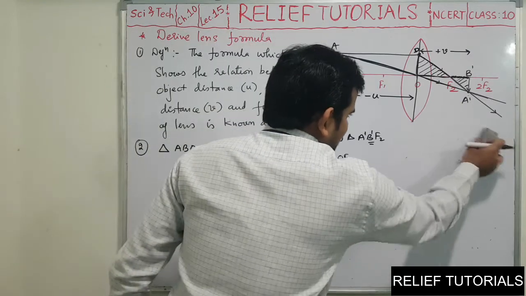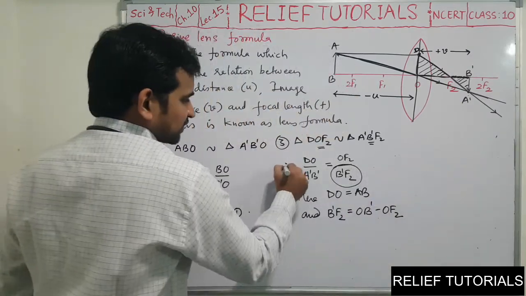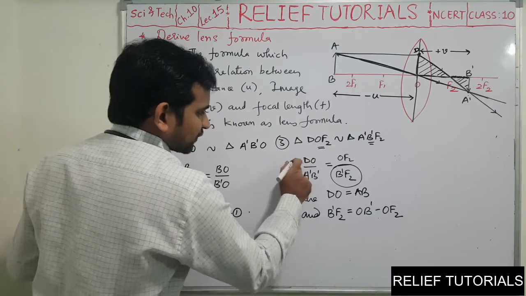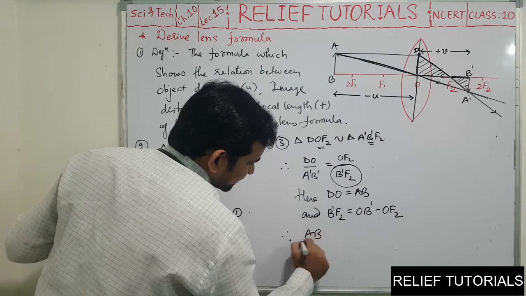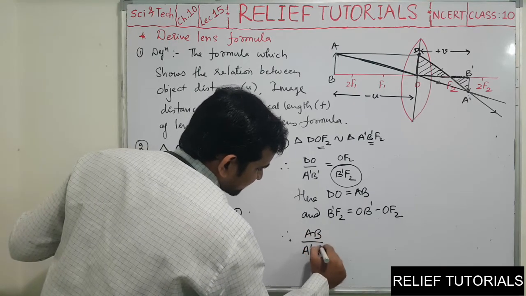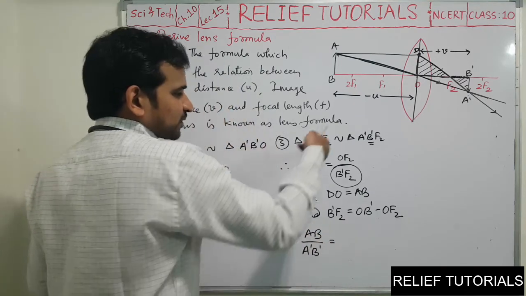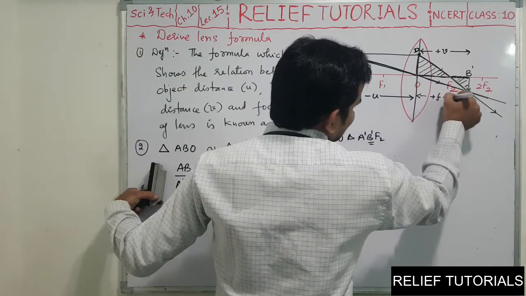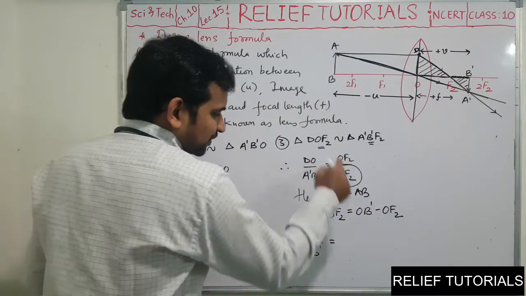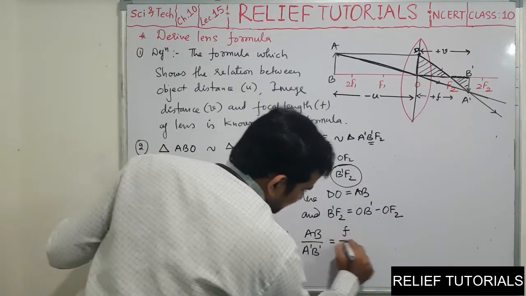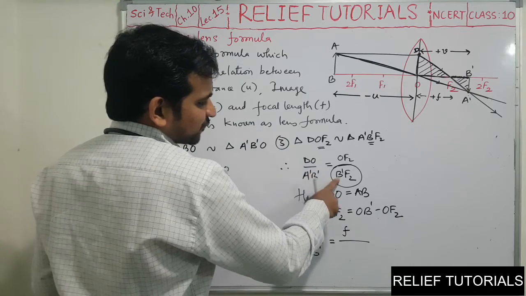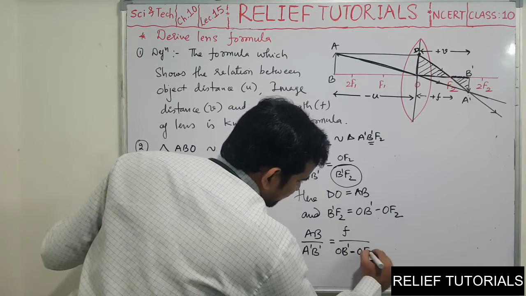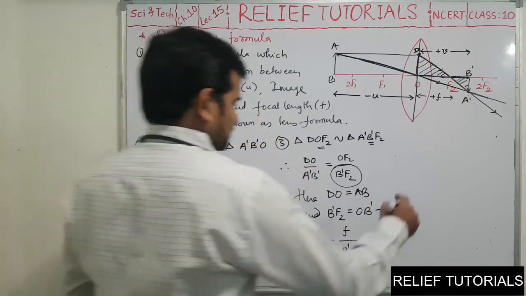Now substitute the values in this equation. In place of DO we are writing AB. So it is AB by A dash B dash is equal to, in place of OF2, which is a positive focal length for a convex lens, F, upon, in place of B dash F2, OB dash minus OF2.